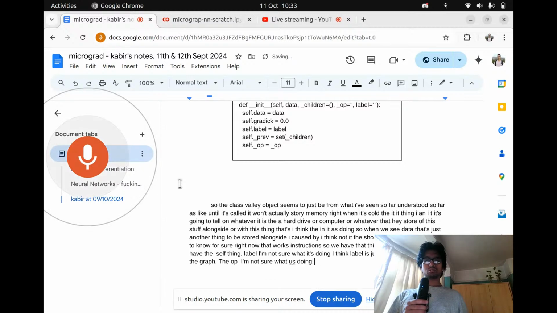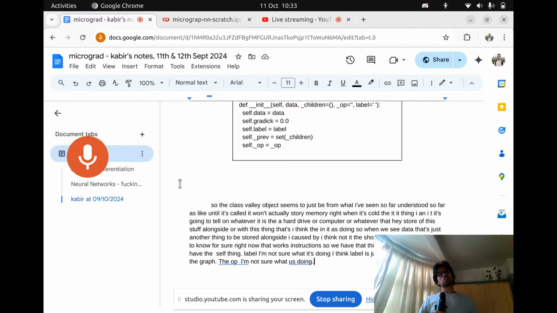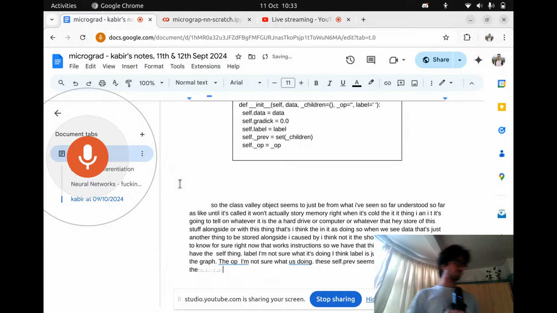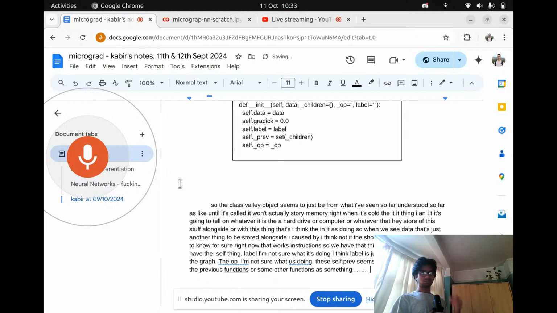The self.prev seems to somehow be setting the previous functions or some other functions as something which leads into the other ones. I'm not sure what's going on there. Is that something to do with Graphviz, or is that something that's required for the actual backpropagation or the neural network stuff? I'm not certain.